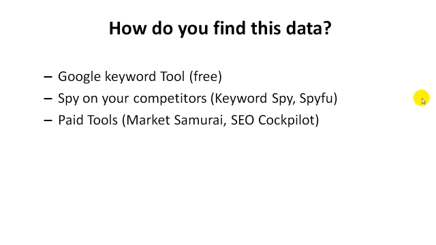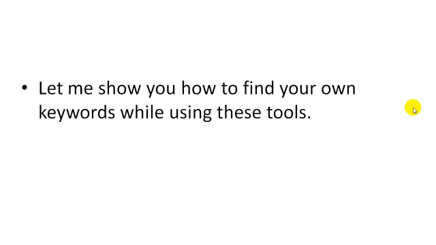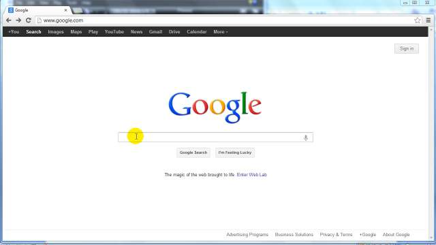This tool here is pretty expensive, but I believe it is a one-time fee. I'm going to be using these tools here because this one's free, and you can use it to do some basic keyword research on the free level. So with that said, let me show you how to find your own keywords using these tools.